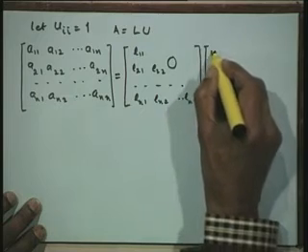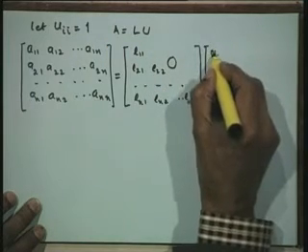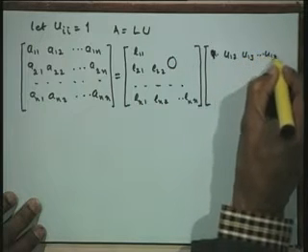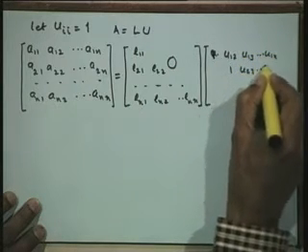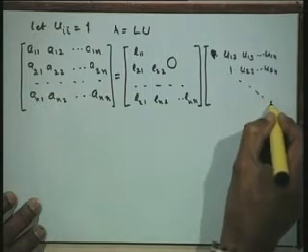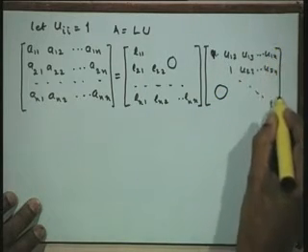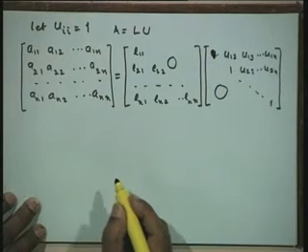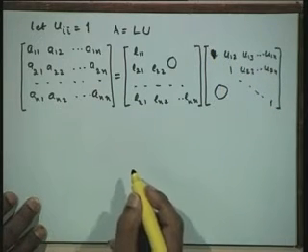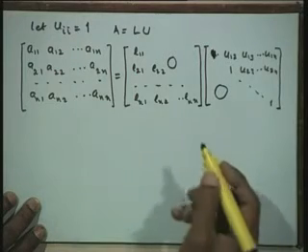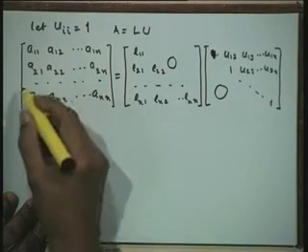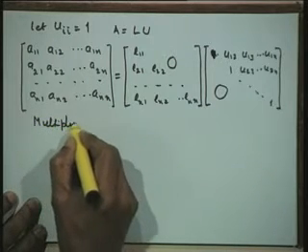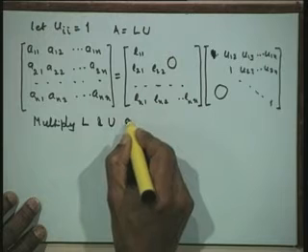Then I have U, with Uii = 1, so I put 1 here, U12, U13, U1n, 1, U23, U2n, and so on. We have taken all the diagonal elements of U as 1 and set up this equation. The procedure in any case is to multiply L and U and compare these elements.